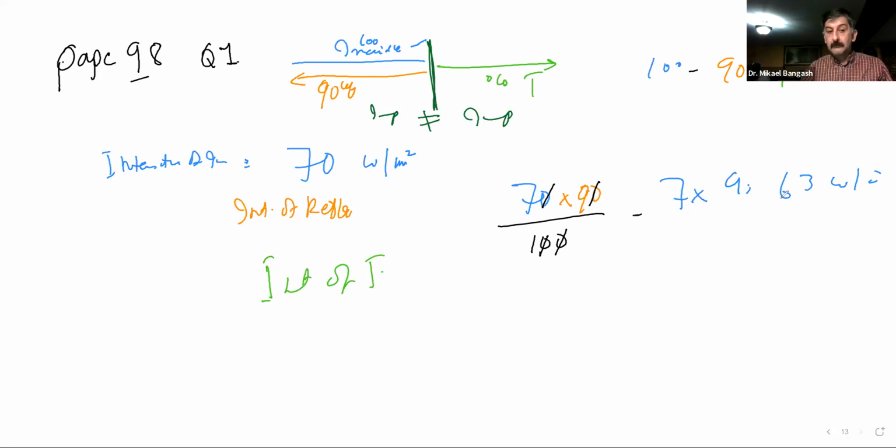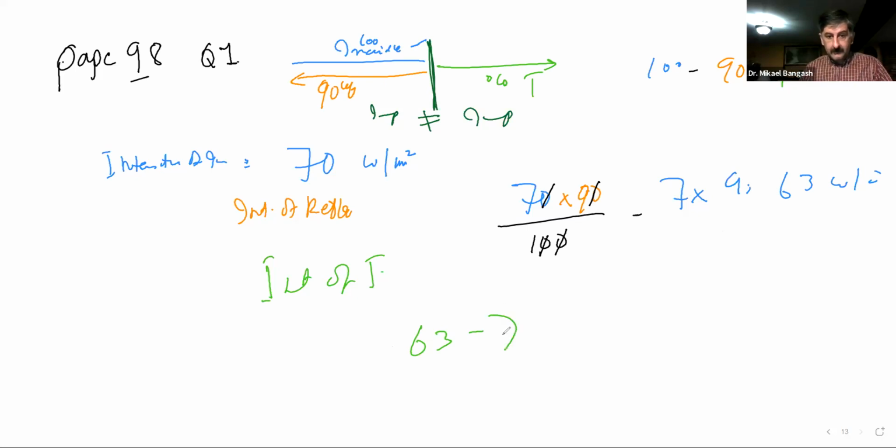This 63 here was the intensity of your reflection.